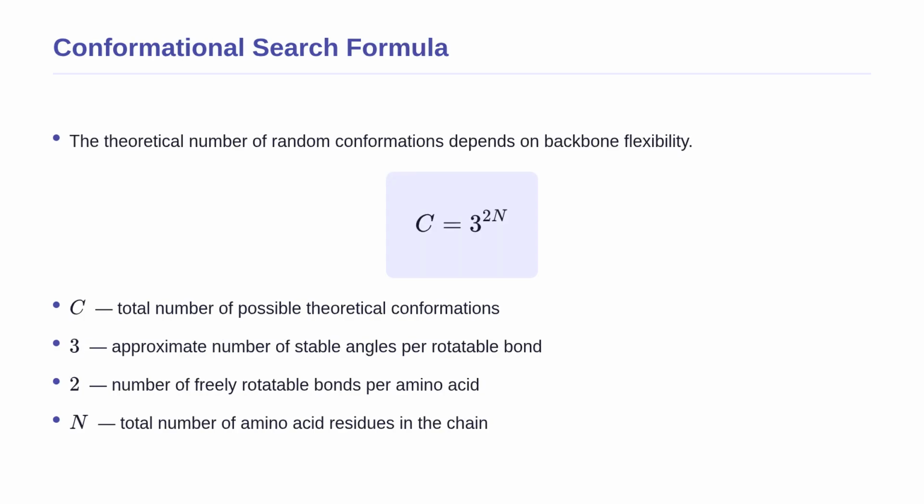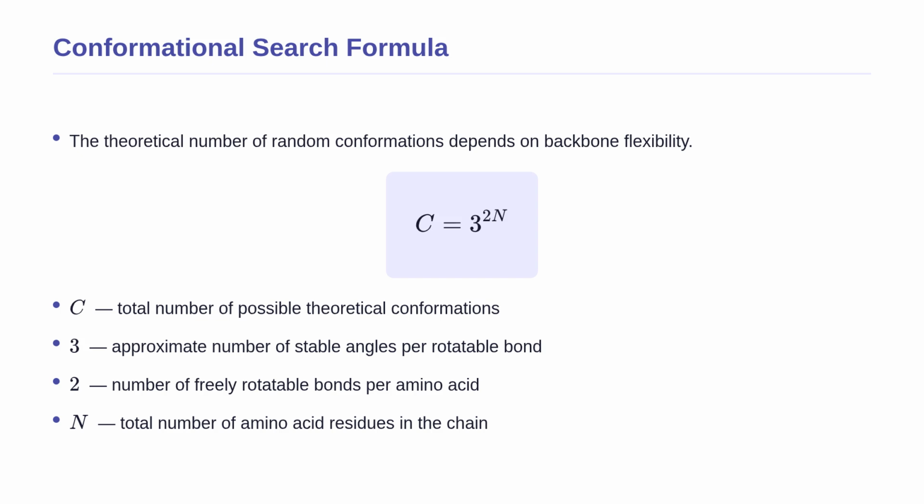To truly appreciate Levinthal's paradox, we can calculate the theoretical number of random conformations a polypeptide chain can adopt. This comes from a simple exponential relationship based on backbone flexibility. The formula is C equals 3 raised to the power of 2n. Conceptually, this represents every possible twist and turn the chain could make.